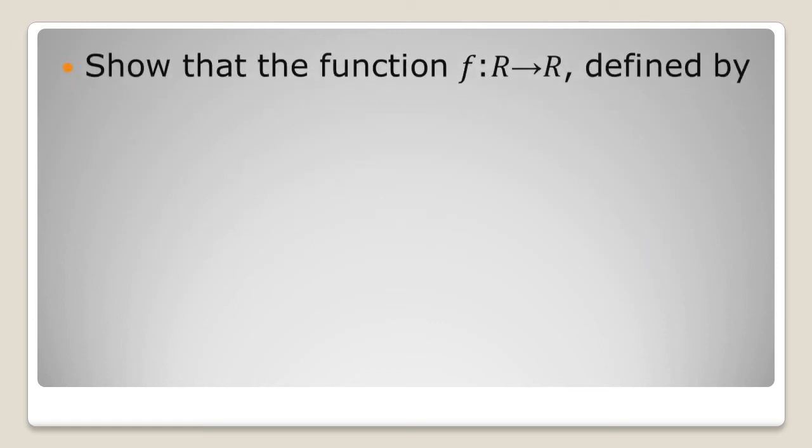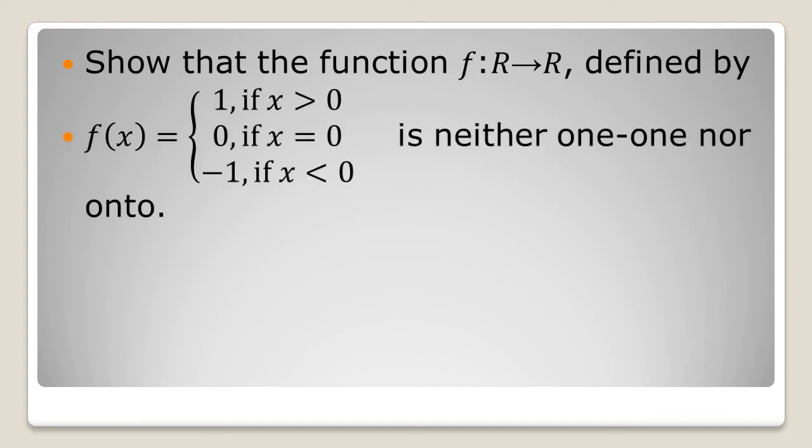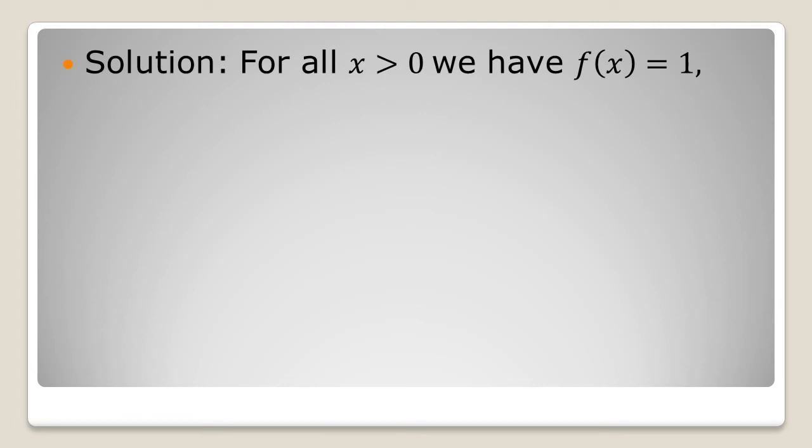Proceed to the next one. A function f is defined from the set of real numbers to the set of real numbers like this: f(x) equals 1 if x is a positive real number, equals minus 1 if x is less than 0, meaning a negative real number, and equals 0 if x is equal to 0. We need to show that it is neither 1-1 nor onto. In a similar way as earlier, we can show that for all x greater than 0, meaning for all positive real numbers, we will have the value of the function as 1.